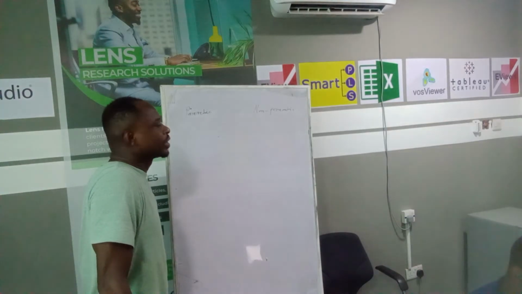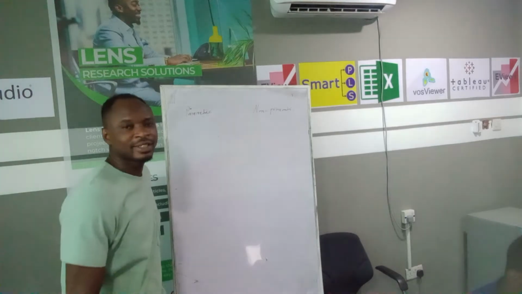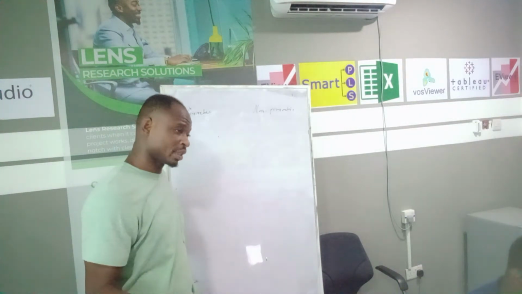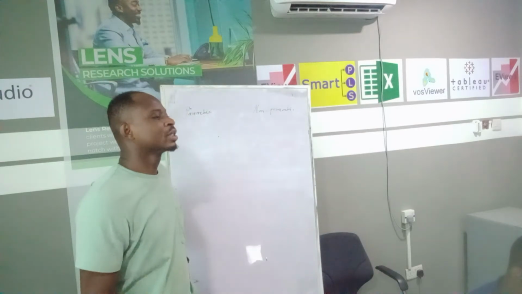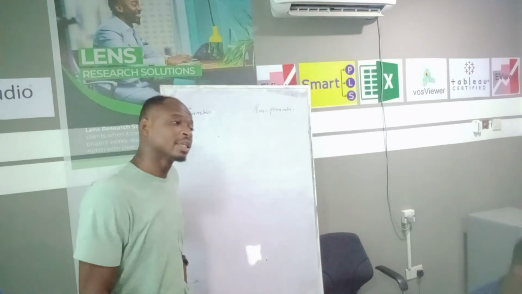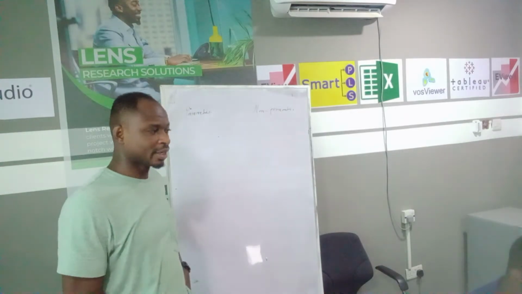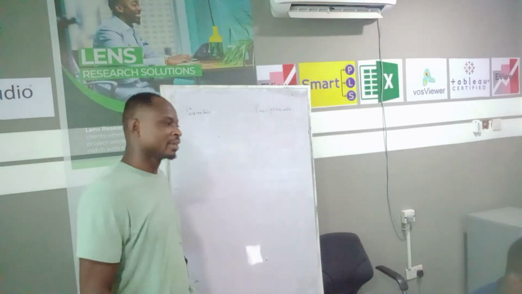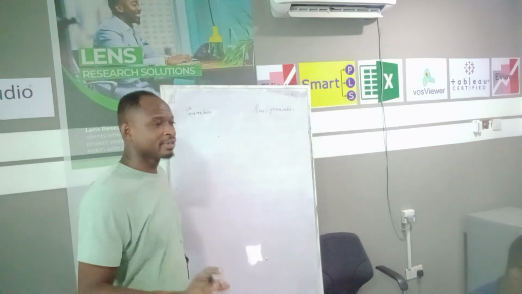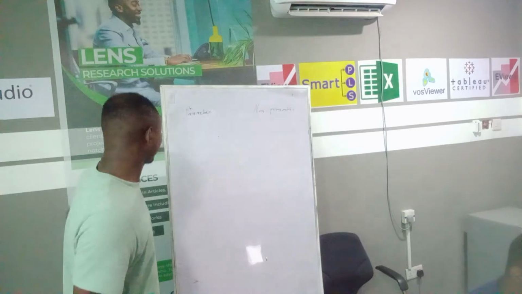So when you get your data file, what is the first thing that you have to do? Remember, we are doing quantitative research, where, in the example we are using, a structured questionnaire is used to collect the data. After you have cleaned the data file, the first thing that you have to do is to check for validity.